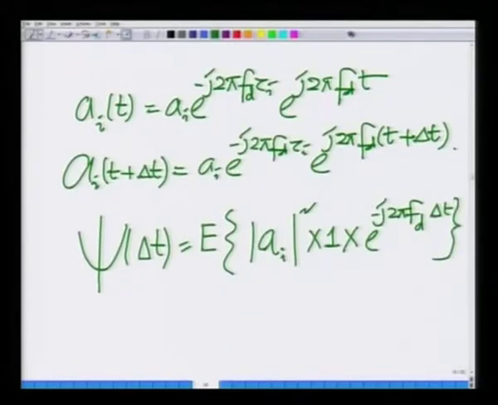So, psi of delta t, which is the correlation between a_i(t) and a_i(t plus delta t), is the expected value of magnitude a_i squared times 1 times e^(-j2πf_d delta t).